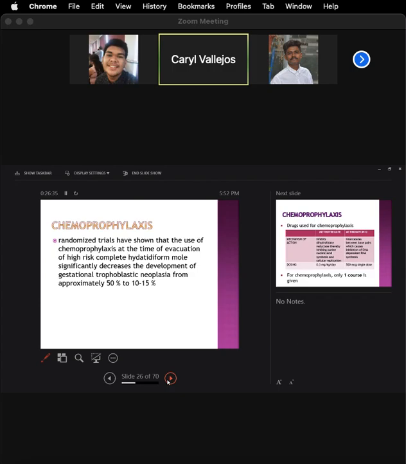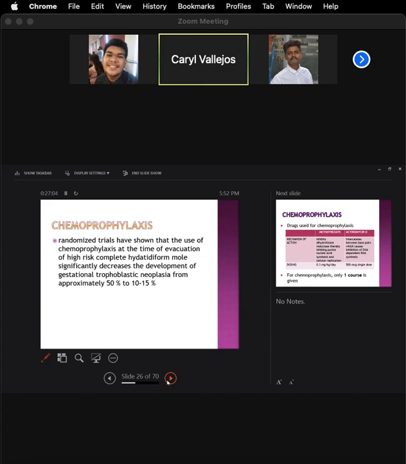However, you should tell your patient that they are not being spared from having a gestational trophoblastic neoplasia or tumor even if they are given your chemoprophylaxis. It will just decrease the development of your GTN. However, there is still a possibility, a 10 to 15% possibility of having a gestational trophoblastic tumor.